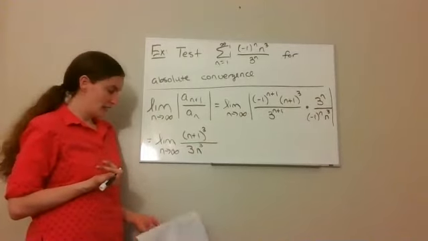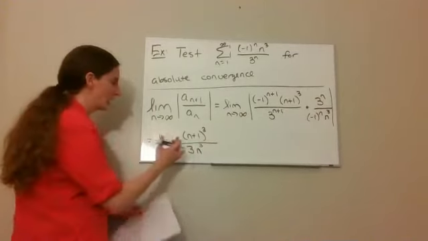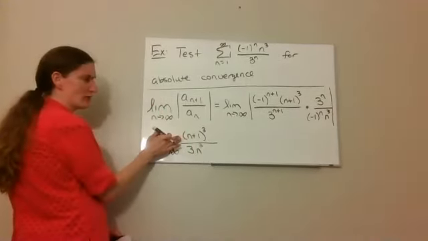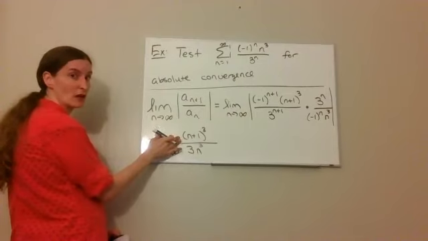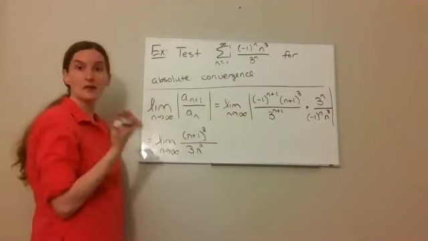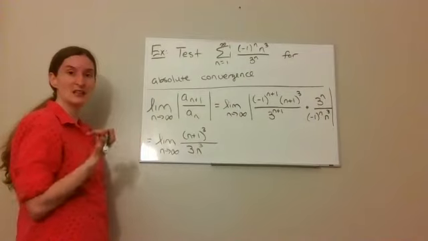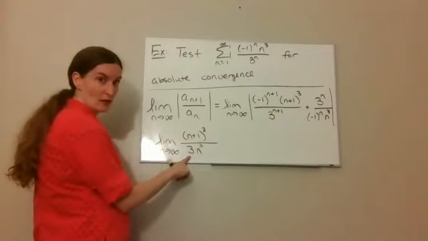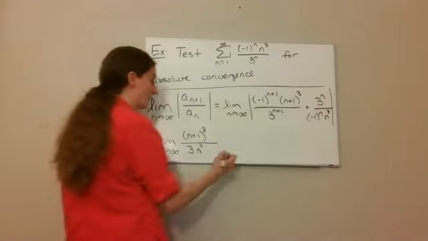And now when I take this limit, I can compare my coefficients. If I think about distributing all of this (n+1)^3, my term with the highest exponent is going to be an n^3. In the denominator, I also have an n^3, but its coefficient happens to be 3.